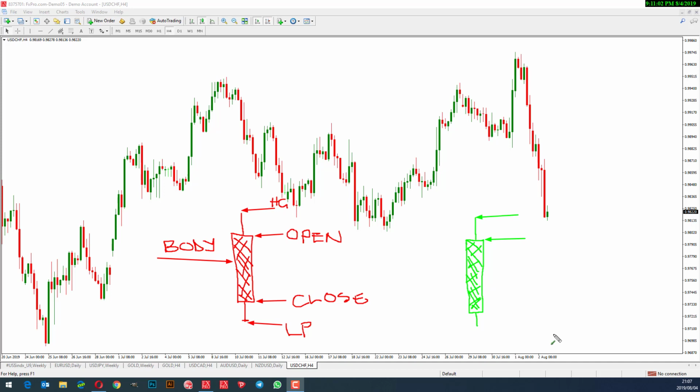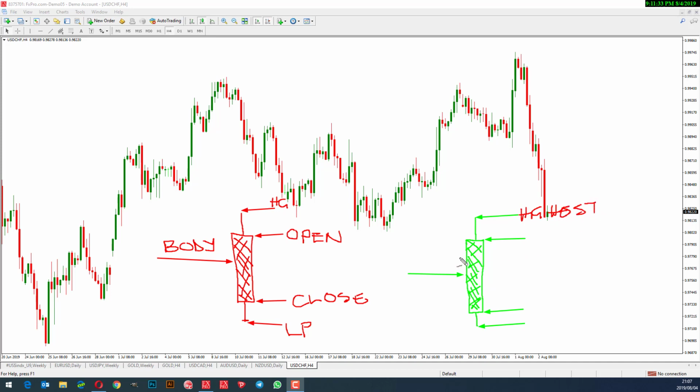You can see we've got the same core items as on the bearish. This will be your highest high, the highest price point which the candle reached. Remember, this is a bullish candle, so the market is moving to the upside. A bearish candle, the market is moving to the downside.